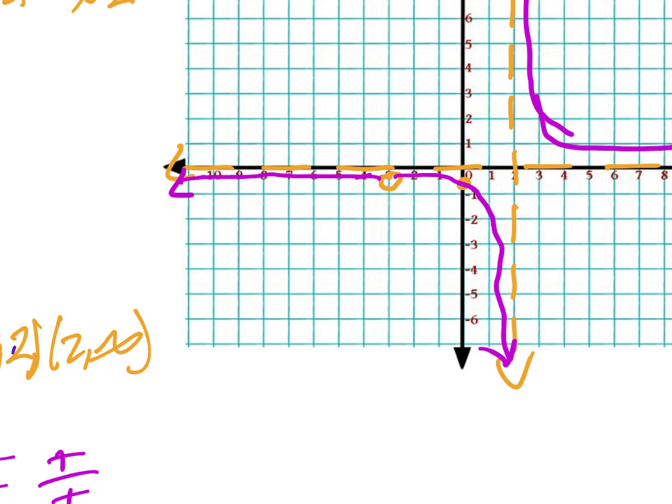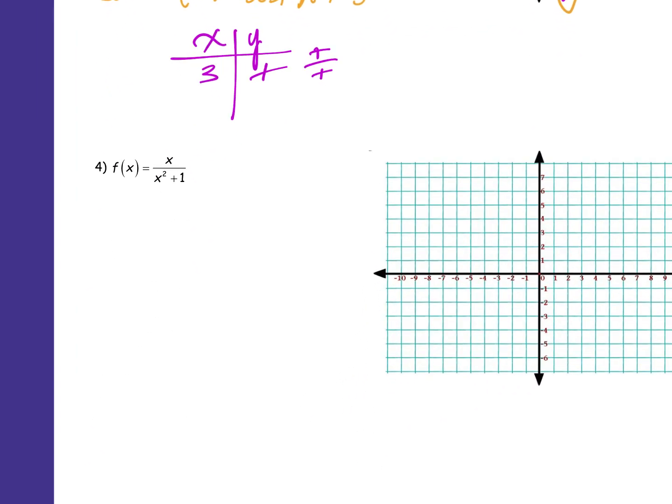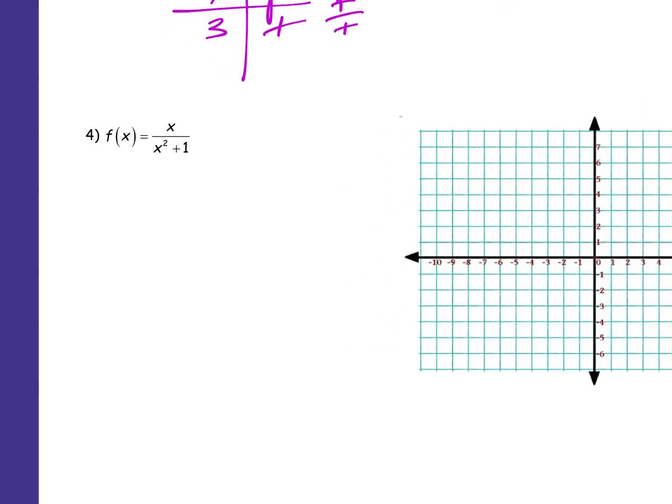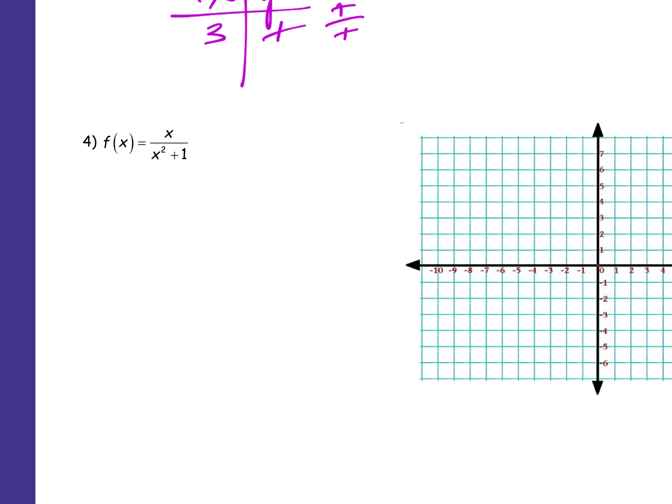Okay, so let's see. One more. I don't know about this one. We're going to try it. It's as simplified as it's going to go, right? Doesn't simplify anymore. So holes, there are none. Vertical asymptotes, there are none. There are, but they're imaginary, so there really are none. Horizontal asymptote, y equals 0.